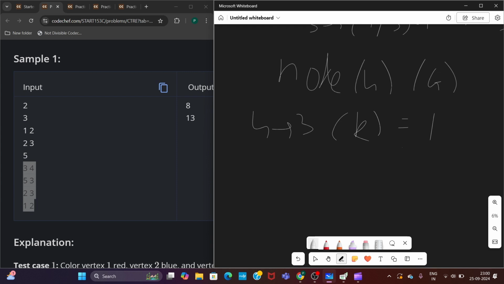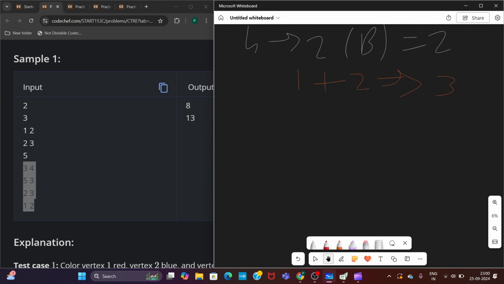Then we can say our closest blue, means 4 to 2, is at 2. So our distance is 2 over here. Okay. So our answer is 1 plus 2, which is 3 in this case.